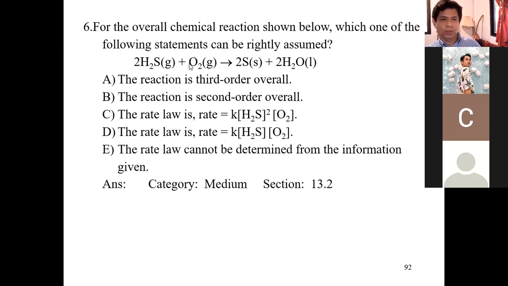Yung 2, tapos itong oxygen may 1. Meron ba yung relationship sa order ng reaction? Generally? Wala. So kung wala, ano sa palagay mo yung best answer? Letter?